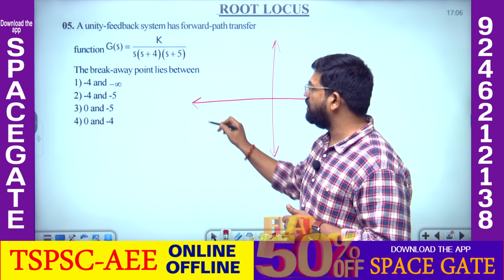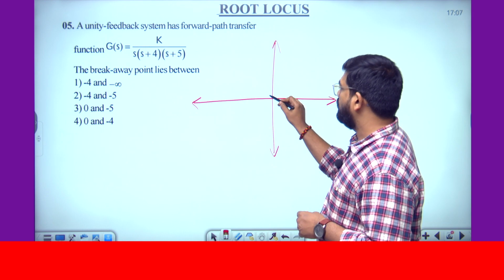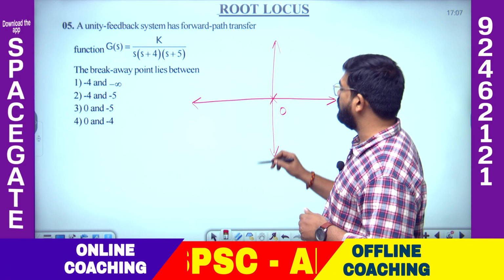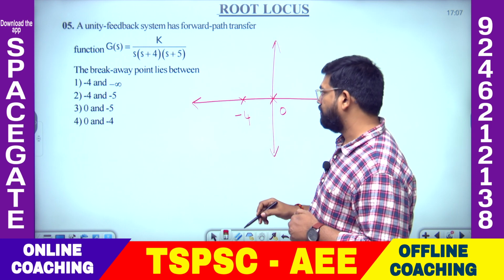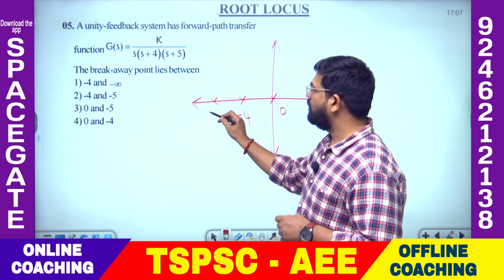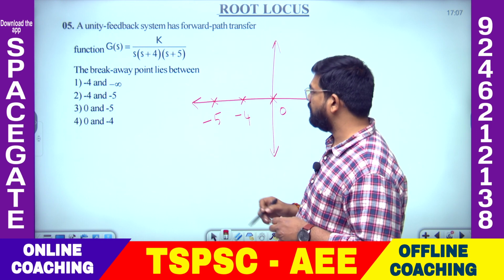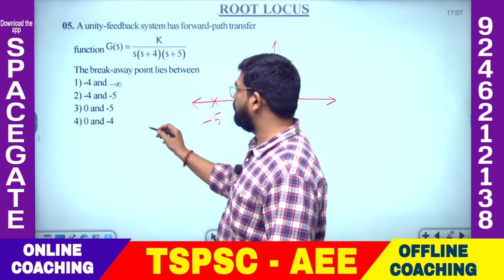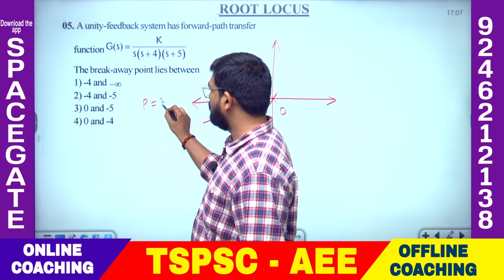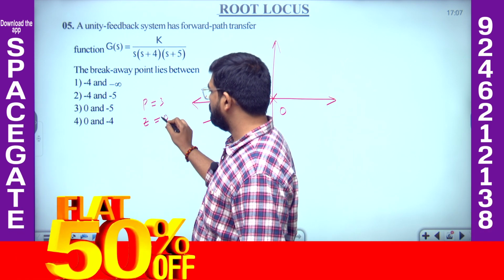If you locate the poles and zeros, only poles are there. At 0 we have a pole, at -4 we have a pole, again we have a pole at -5. So, here definitely, number of poles are how many? 3. Number of zeros? 0.